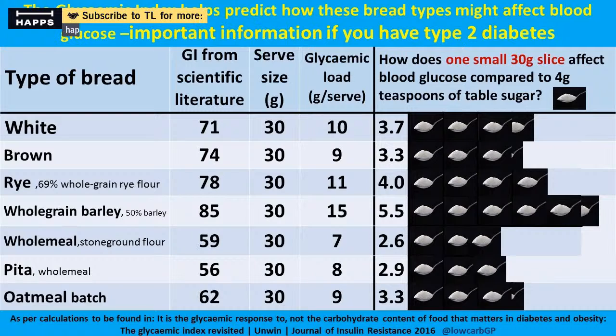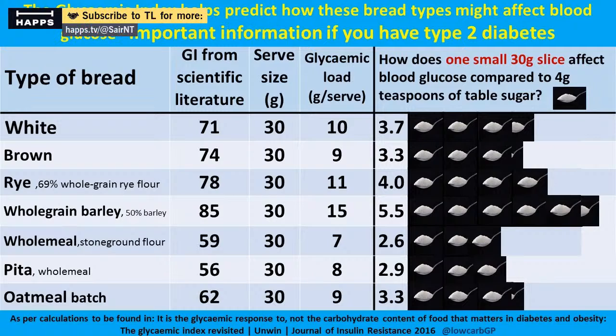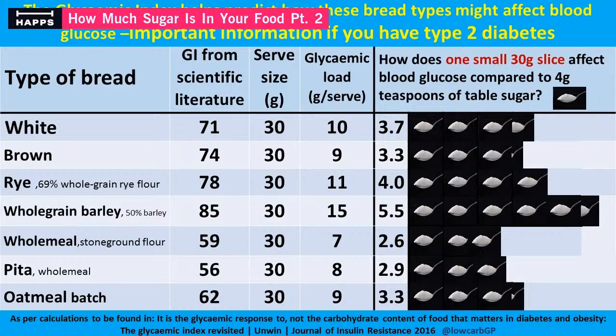But for now, we're going to focus on the glycemic index and the teaspoons of sugar. How much does one small 30-gram slice affect blood glucose compared to 4-gram teaspoons of table sugar? That means a teaspoon of table sugar would weigh about 4 grams. So white bread is a 71 on the glycemic index, and that is giving you 3.7 teaspoons of sugar.